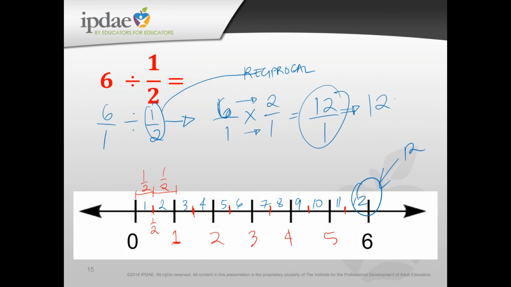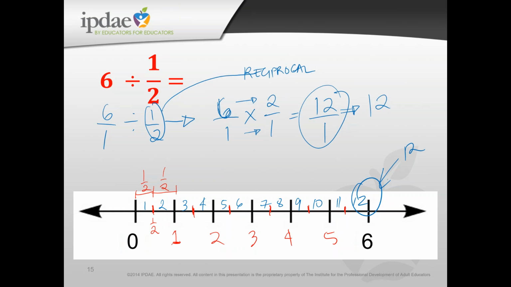In this case, the answer is the same, but I was able to come up with it in a much more visual fashion, without getting lost in the nuances of each step. The reason we flip and multiply is to model the same thing that is happening on the number line when you divide the whole number 6 into halves.